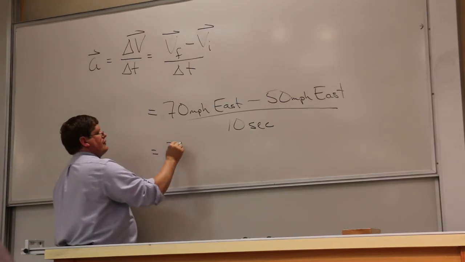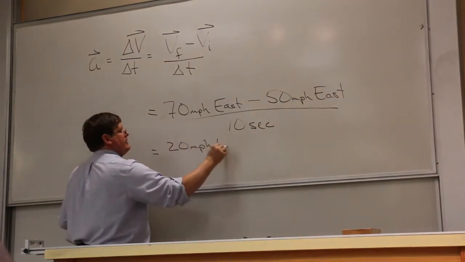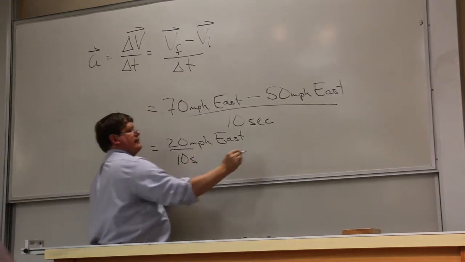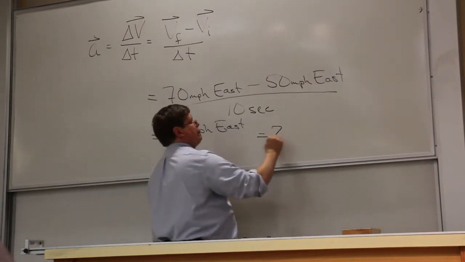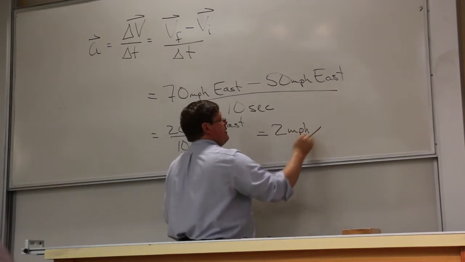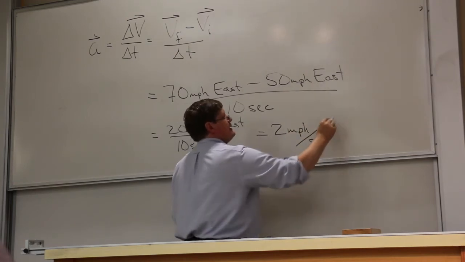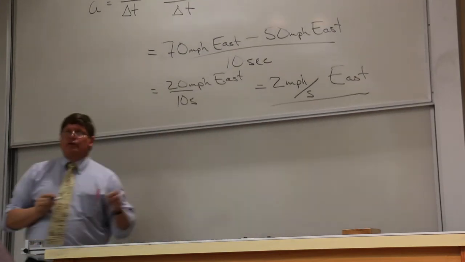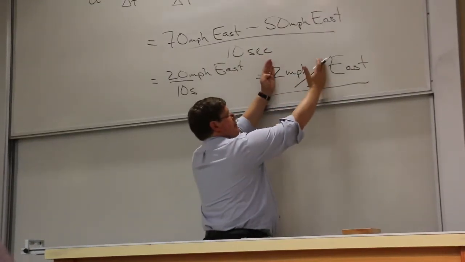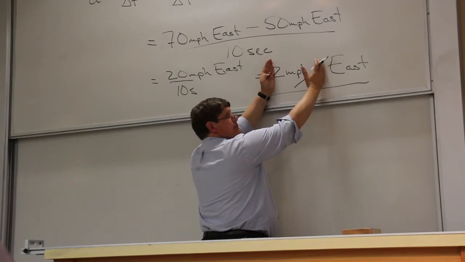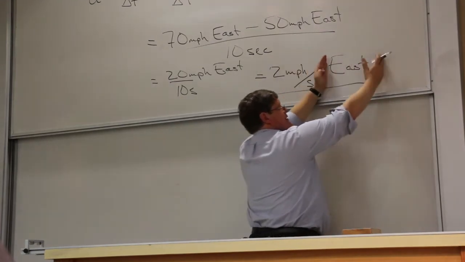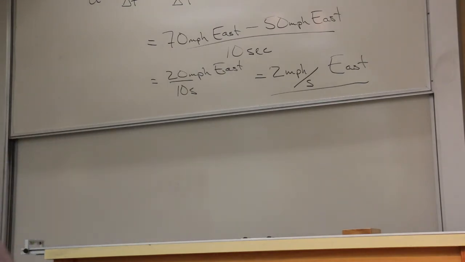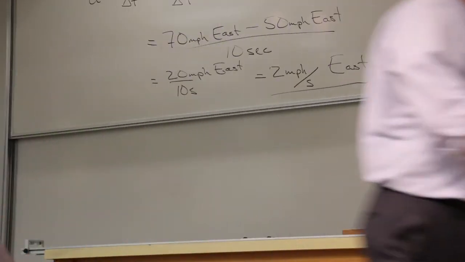That's going to be a change of 20 miles per hour east in a time of 10 seconds, and that's going to give me a final answer of 2 miles per hour for each second east. Okay, magnitude. The magnitude is this number. That's always going to be a positive quantity, and the direction is east. Okay, let's try another one.